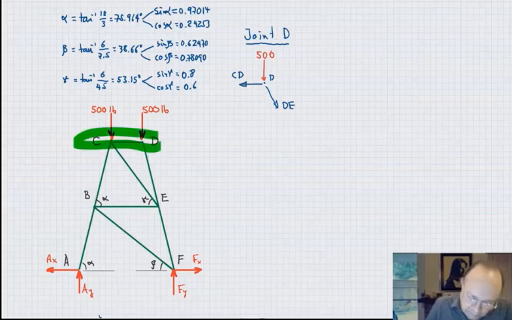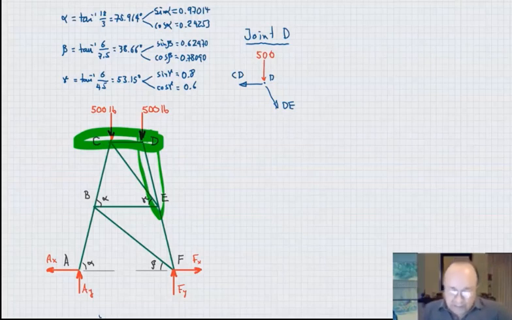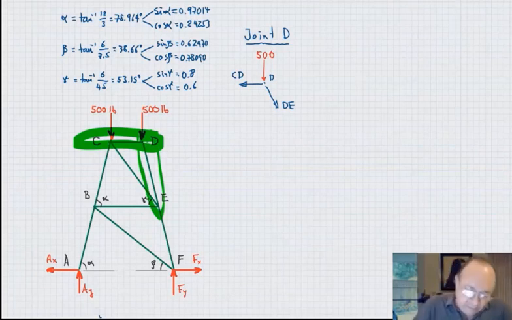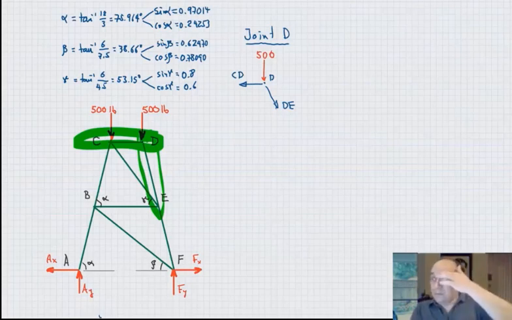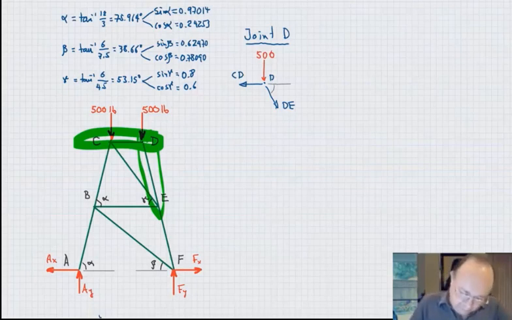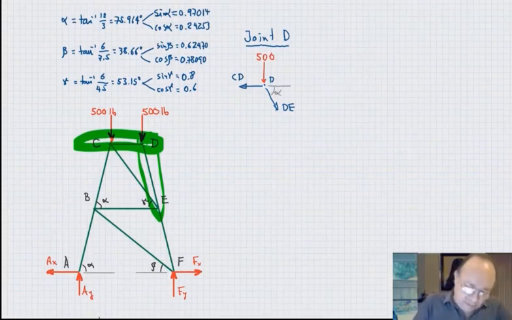We are talking about this bar and this bar on joint D. You see that I put the arrows going away from the joint, that means tension. If any of that is compression, it will give me a negative number. And then we have here the angle. This angle here is the only one that I'm going to need. That's alpha, right? That one is alpha.